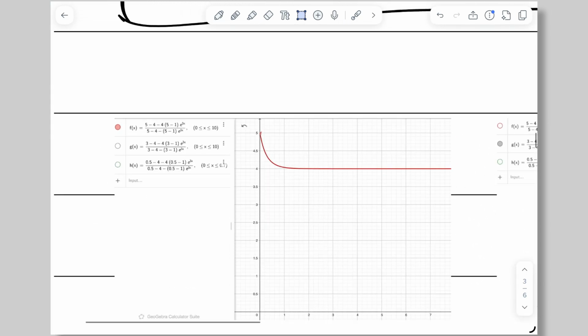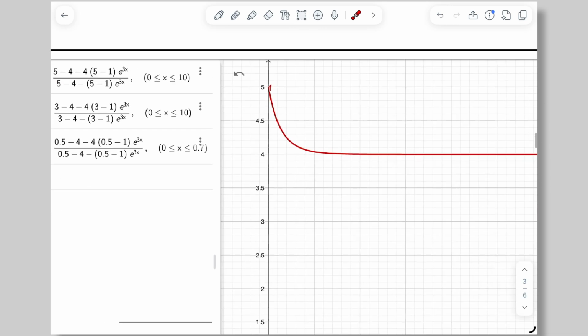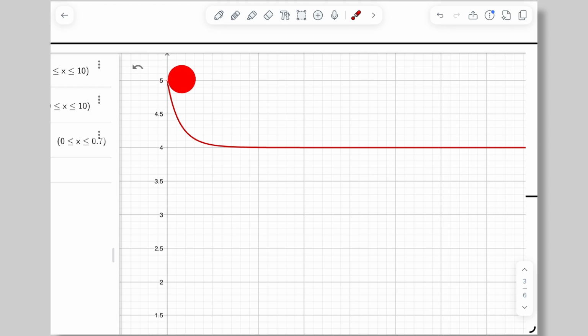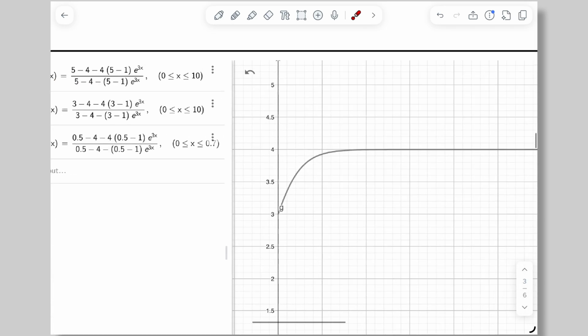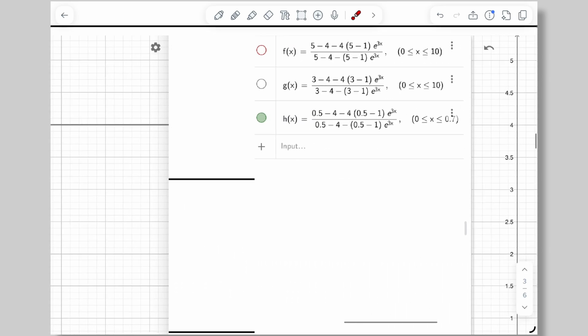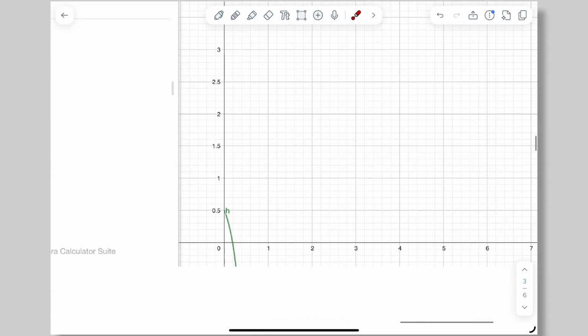I've got a slightly different form for the solution here, but we can see I've picked 5 for P naught, and what we have is a solution curve that will decline and then level out at 4. Using 3 for P naught, we have a solution that will increase and then flatten out at 4. And using 1/2 as our P naught, we get a solution curve that is going to hit 0. And that population has gone extinct.